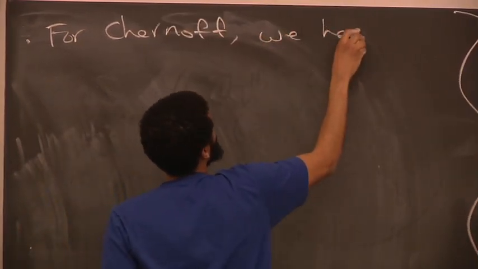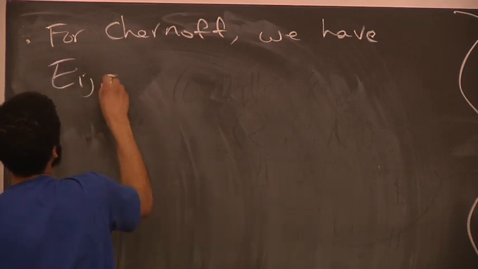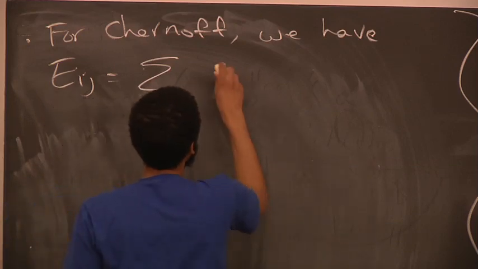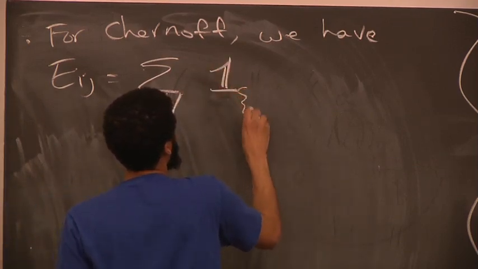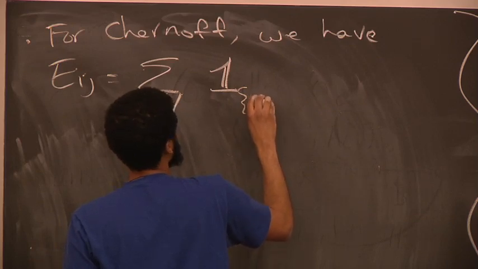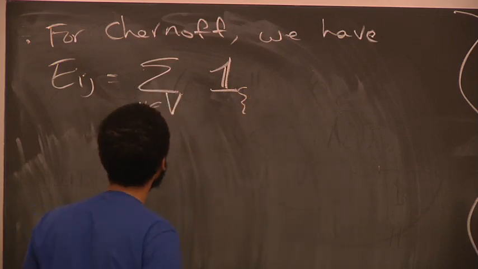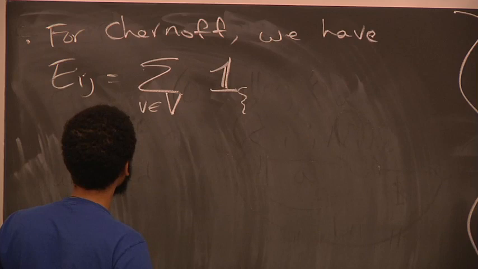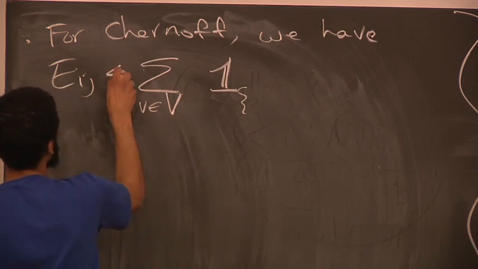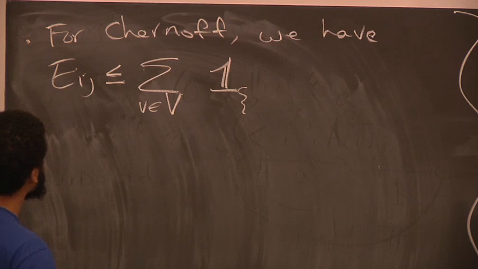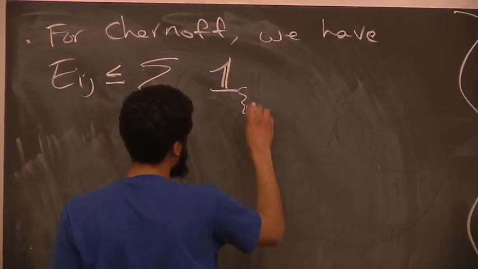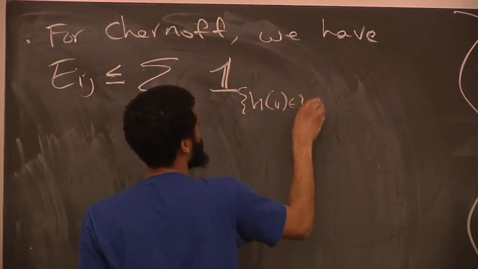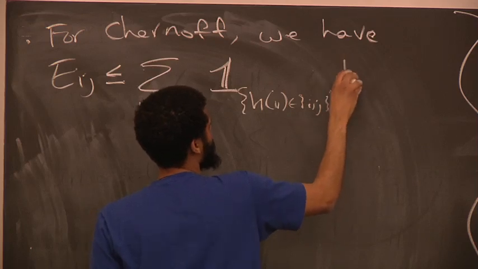So for Chernoff, we have Eij is at most the sum over vertices v of the indicator function of the event that h of v is in the set ij, times the degree of v.